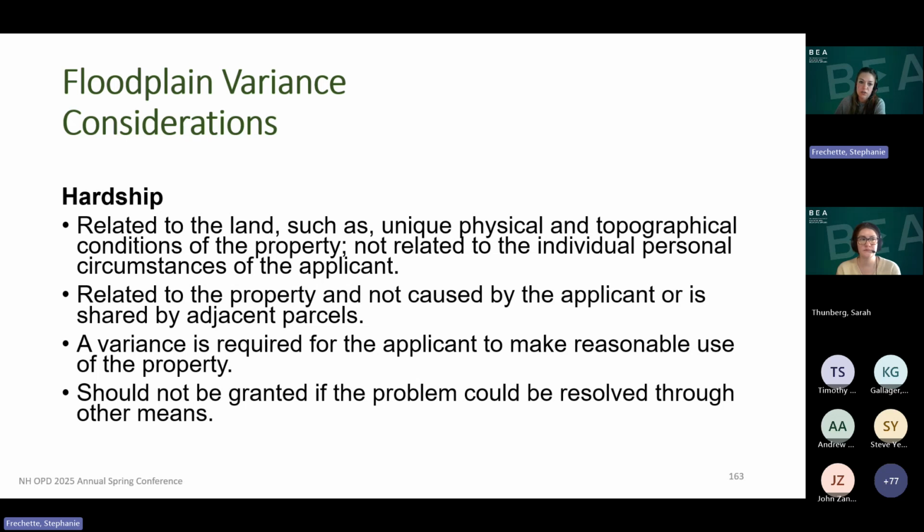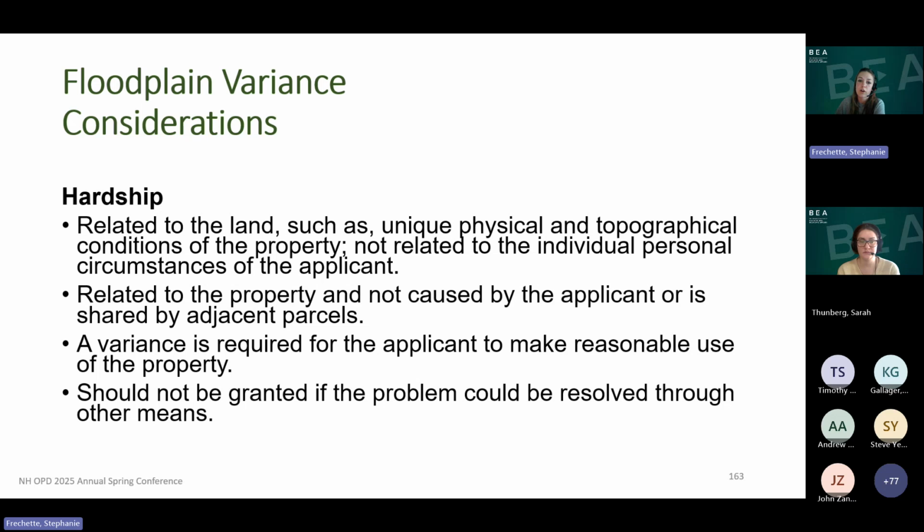Regarding considerations to property hardship, a variance is related to the land and topographical conditions of the property, but it's not related to the individual personal circumstances of the applicant. It's related to the property. It is not shared by adjacent parcels of land.